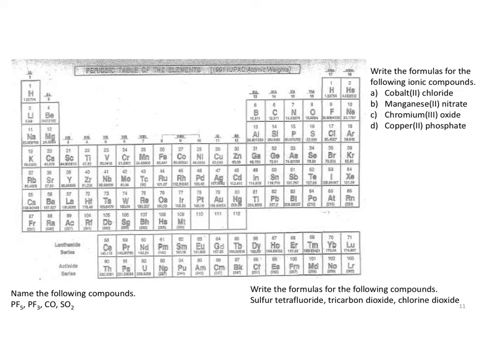Write the formulas for the following ionic compounds. So now we're going to write the formulas. Cobalt 2, chloride, Cl 1 minus. And so we do the crossover: CoCl2.